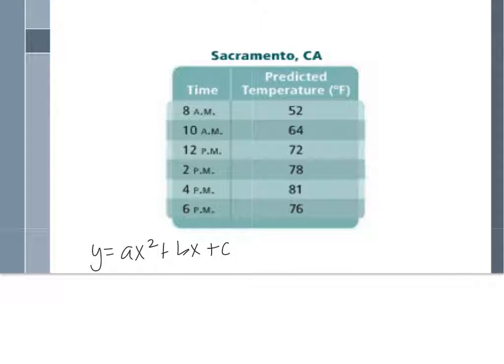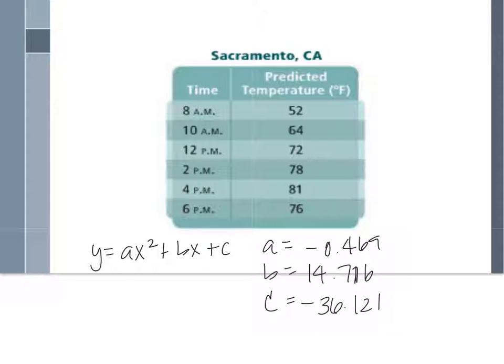And then we'll see that a is going to be equal to negative 0.469, b is going to be equal to 14.716, and c is going to be equal to negative 36.121. So guess what? We have everything we need to be able to write our equation.